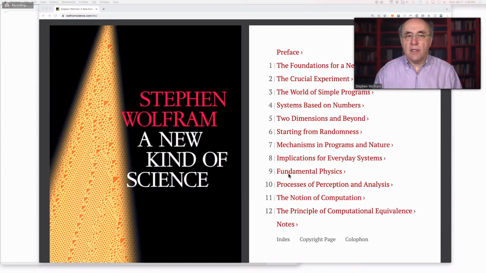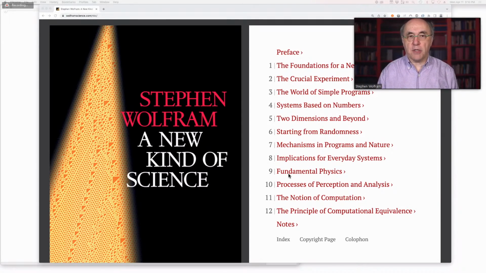Chapter 10 is an intermediate step between these things where we say, well, we can see what happens in the real world, compare it to a program, and work towards the general principle that is the crowning part of the book, the principle of computational equivalence.